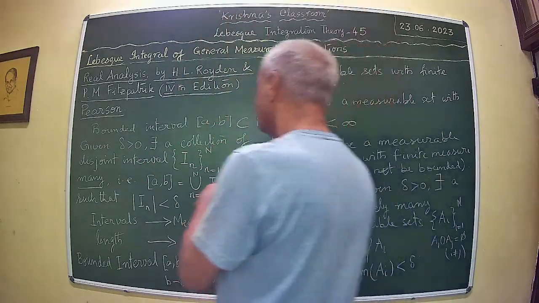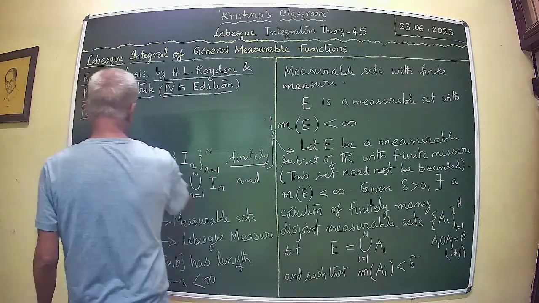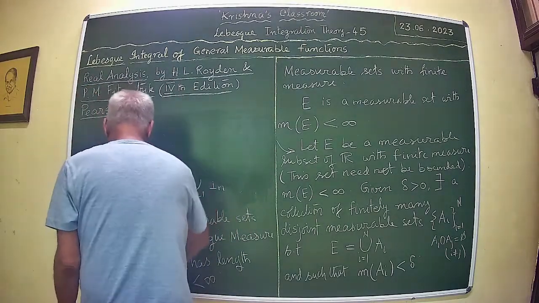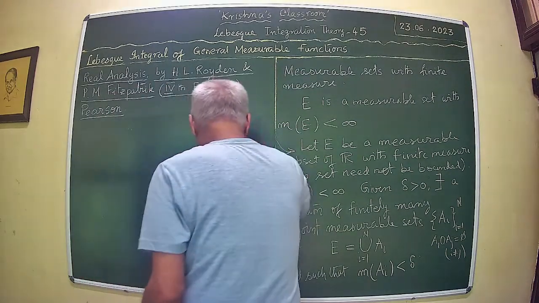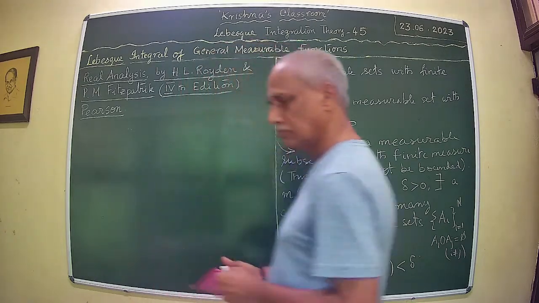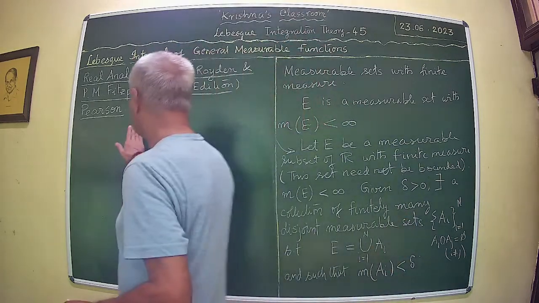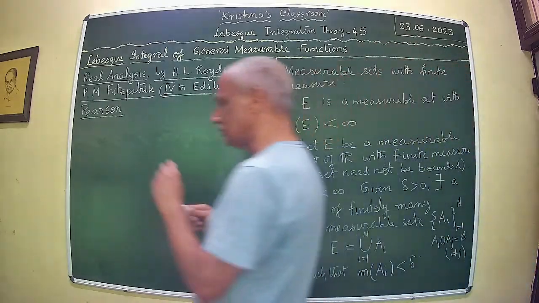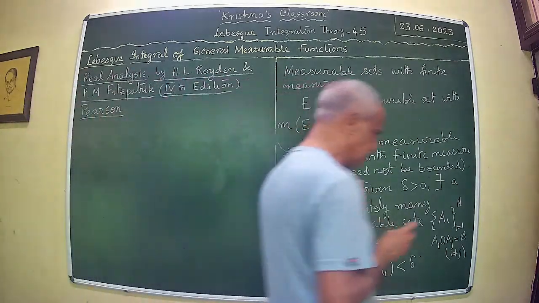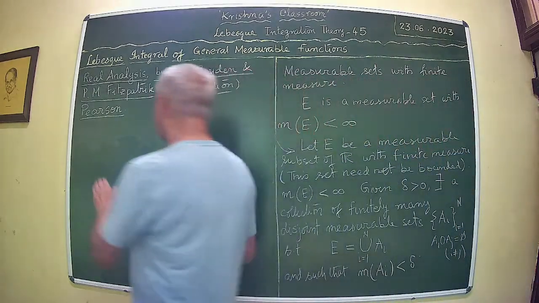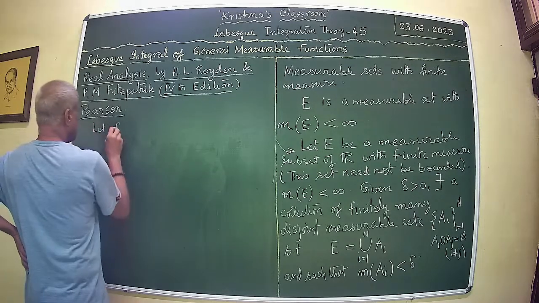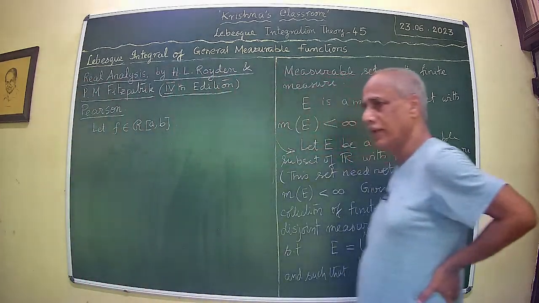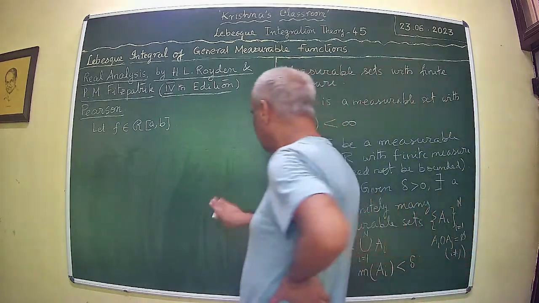Now we work on what are called integrable functions. Just as a preliminary analysis of this, we'll go back to the Riemann integral. So let R[a,b] be the class of all Riemann integrable functions on [a,b], and we are working on what are called bounded functions.